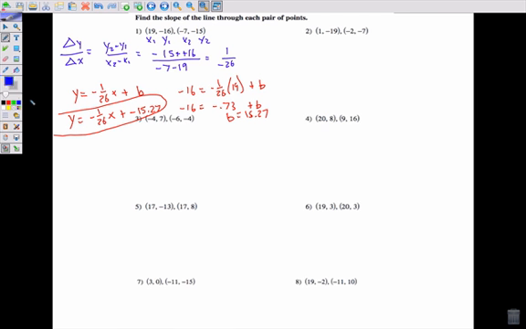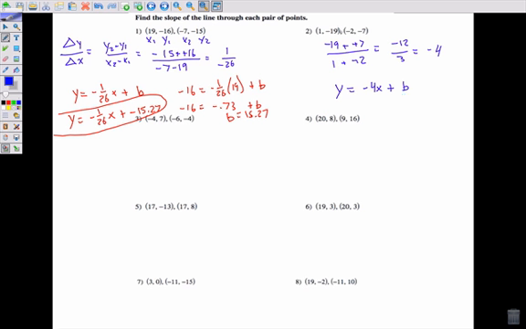In the next one, I'm going to go through this a little quicker. To find the slope, we're going to do negative 19 minus negative 7 over 1 minus negative 2, and get negative 12 over positive 3, which is negative 4. So we've got y equals negative 4x plus b.